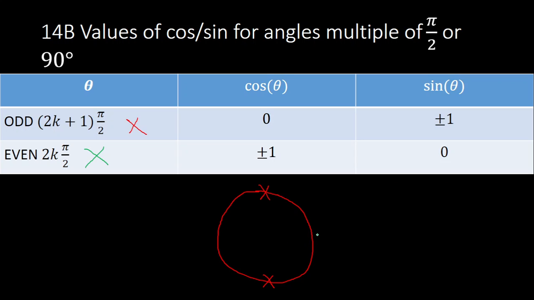So you start at 0, you go round, that's 2. 2 times pi on 2 is pi, and then you're going back 4, 6, and so on. So here the y coordinate is 0, and the x coordinate will be either 1 here or -1 on this side. So that's for 0, 2, 4, and so on.